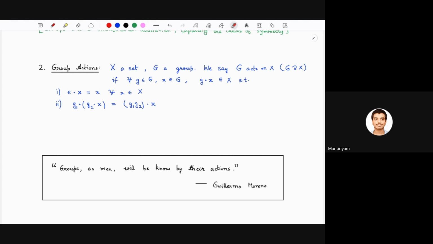Okay, so these sets could be anything. They could be vector spaces, modules, whatever. But that is one way of studying groups, and that way is very fundamental as we go on in mathematics.